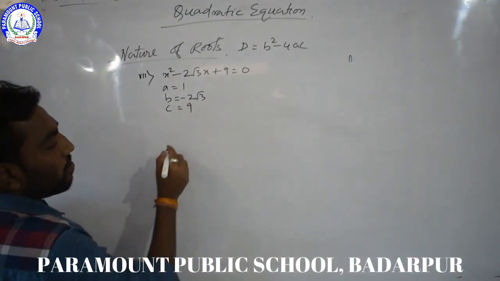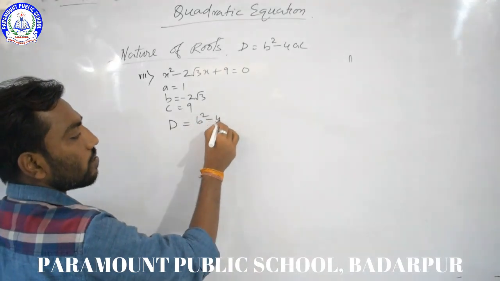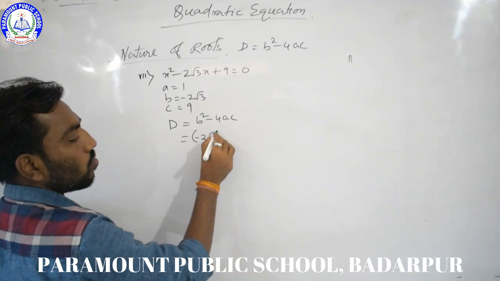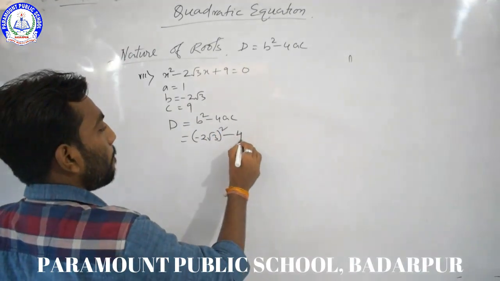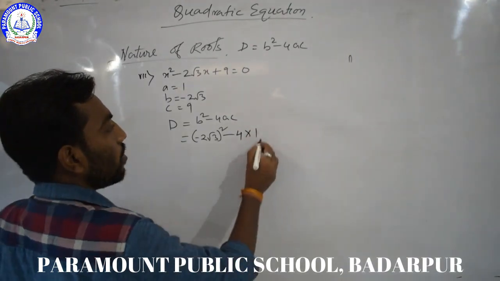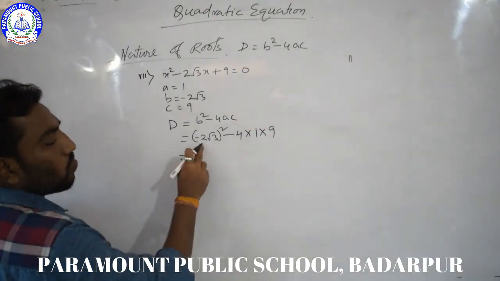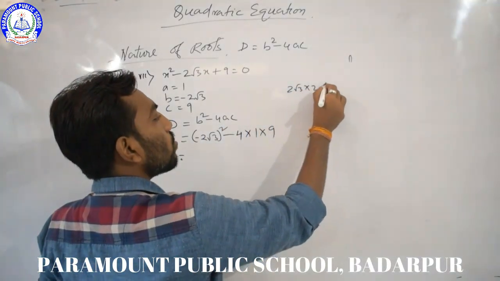So let us find the discriminant value. Discriminant is equal to B square minus 4AC. So our B value is minus 2 root 3 whole square minus 4 into A value is 1 and C value is 9. So 2 root 3 whole square is 2 root 3 into 2 root 3.